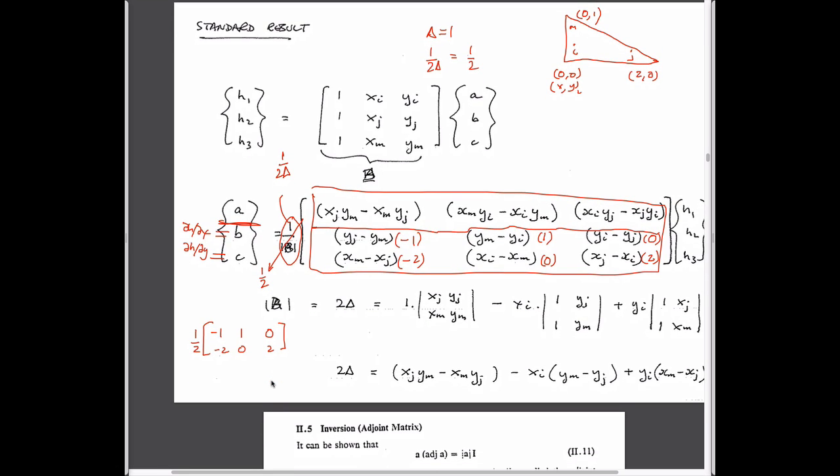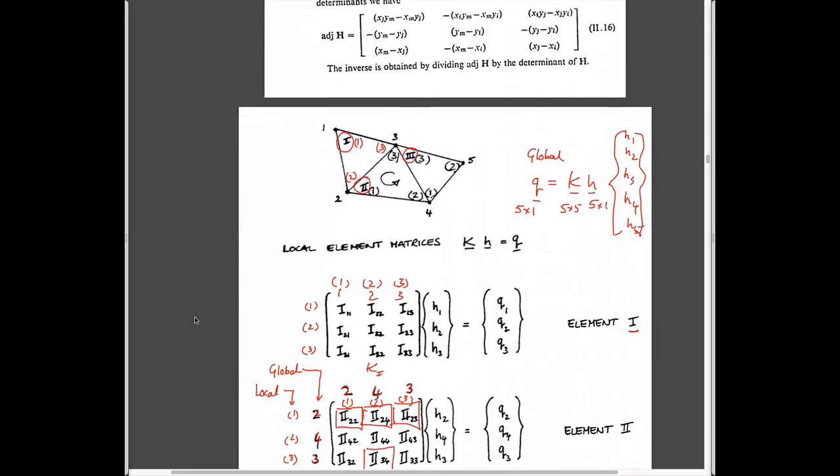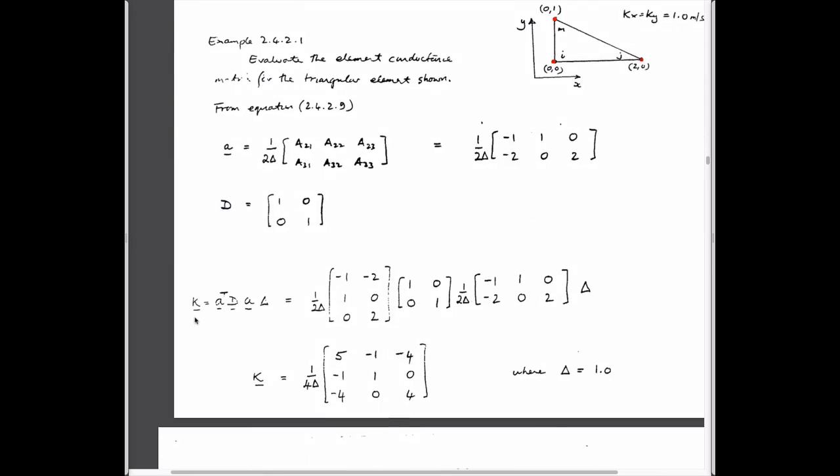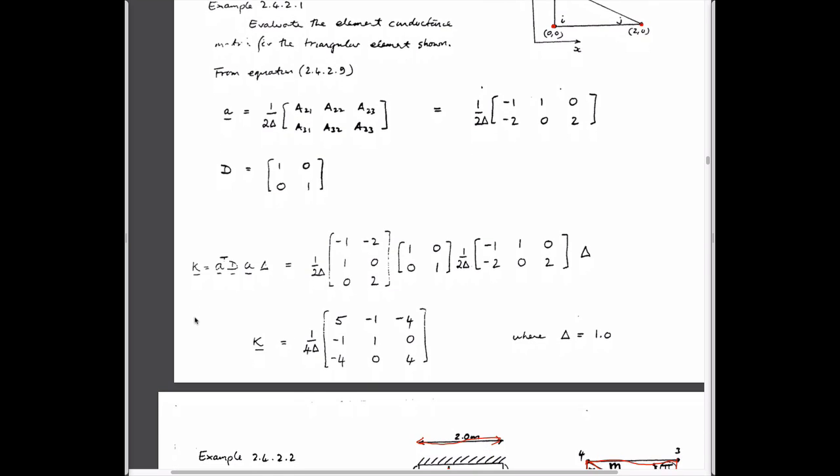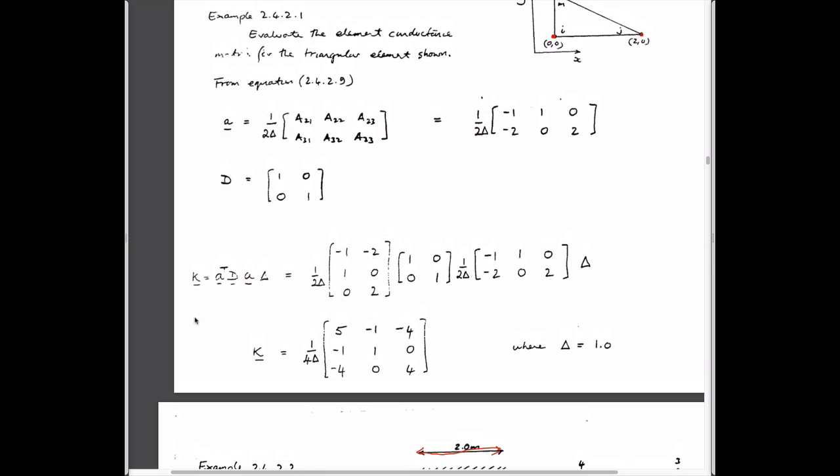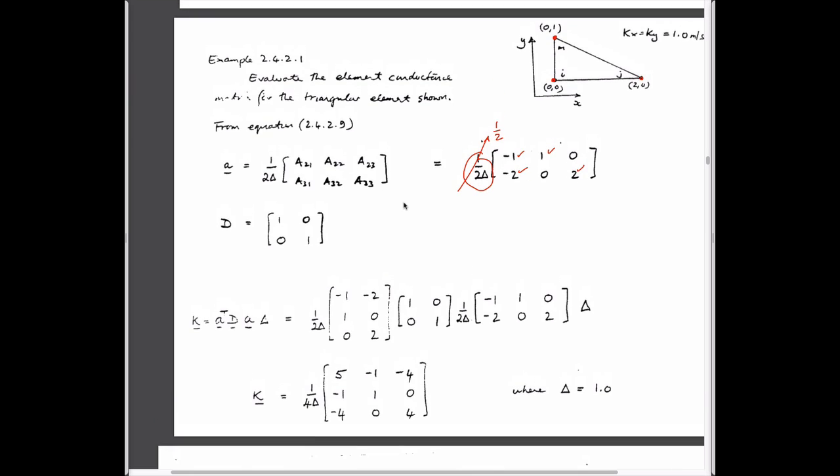So hopefully this expression here is equal to what we have on the next sheet. Yeah. So this is right, this is right, this is right, and this is right. And this term here is just equal to a half. And so that's the A matrix for this.